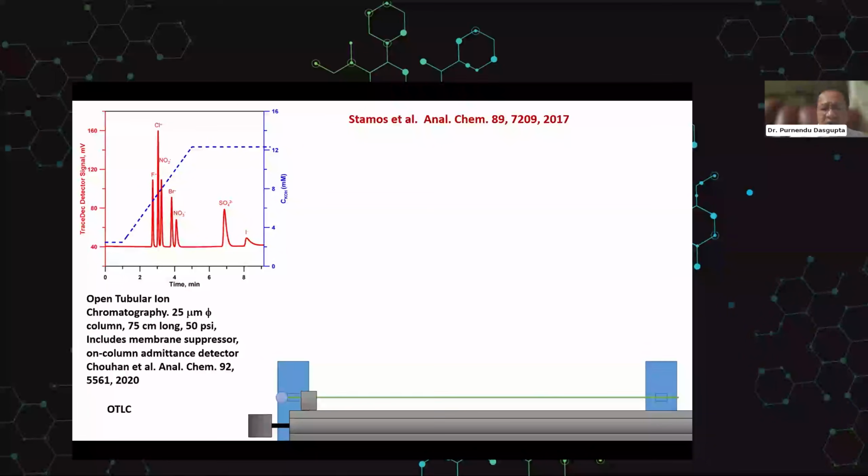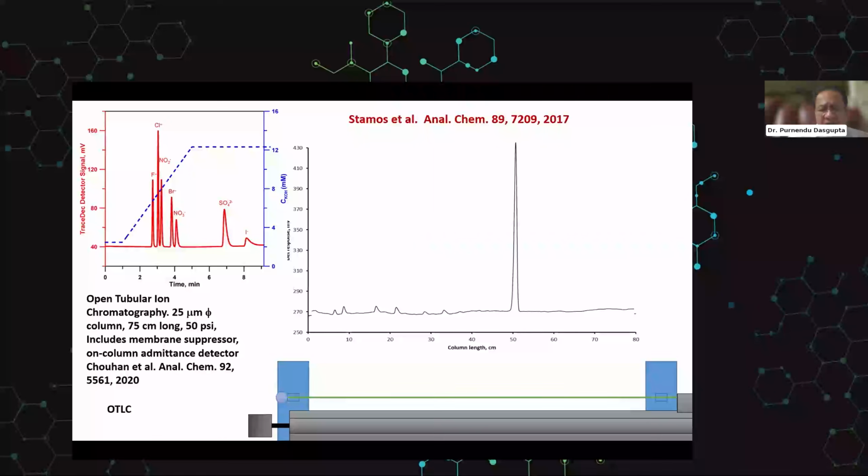And what is even more interesting is imagine that you have stretched the column across your bench and you have the detector move along. The detector then reads the conductivity and it generates this kind of chromatogram.